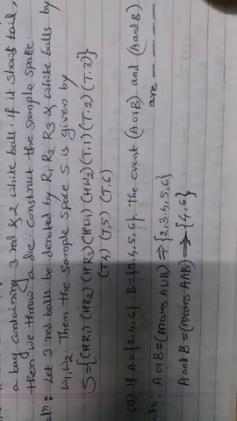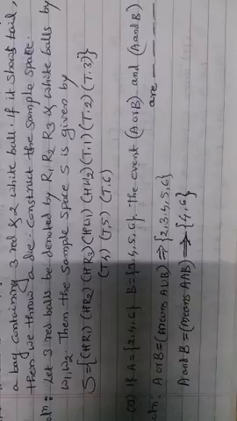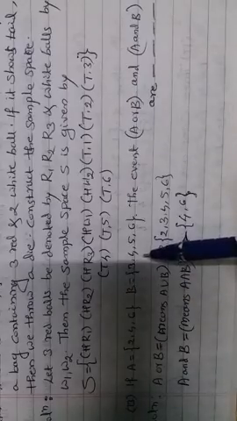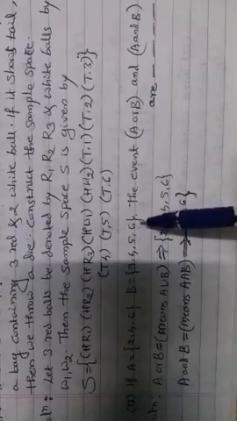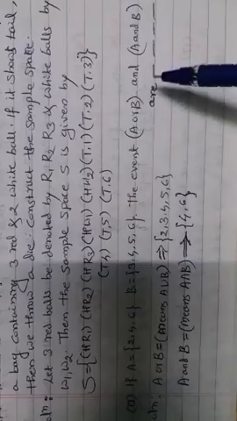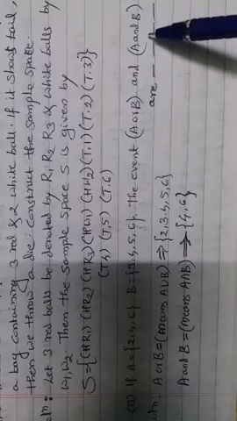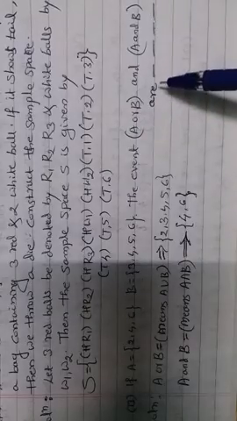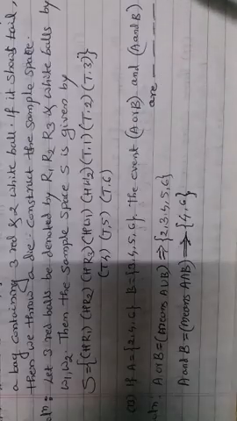If A equals 2, 4, 6, B equals 3, 4, 5, 6, then the event A or B and A and B are dash, dash, dash.